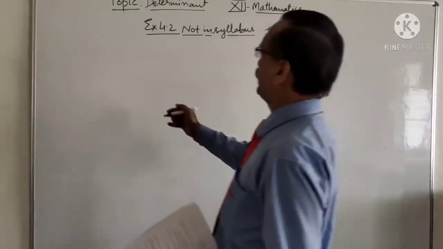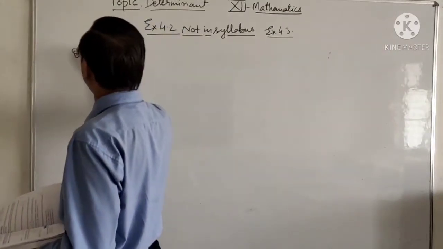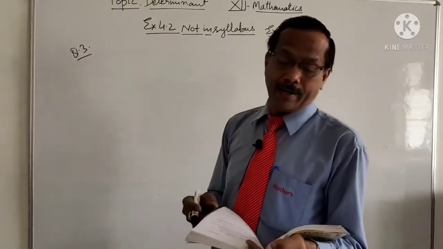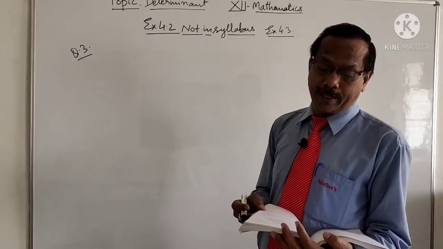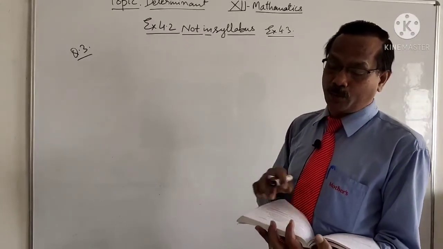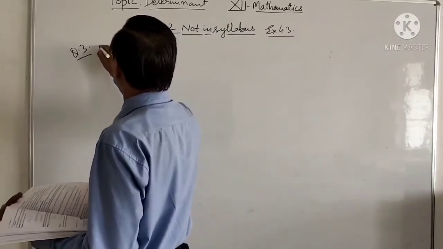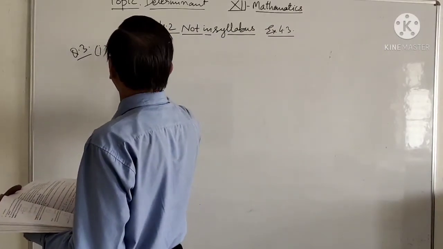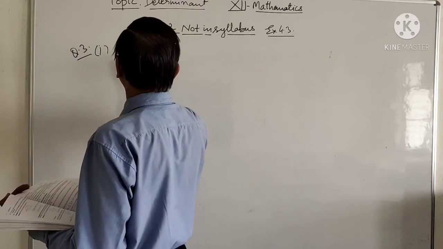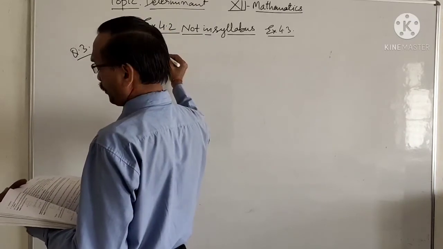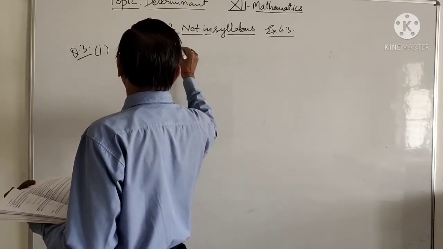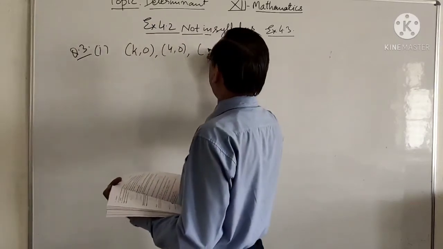Now question 3. Find values of k if the area of the triangle is 4 square units and the vertices are, the first part, vertices (k, 0), (4, 0) and (0, 2).